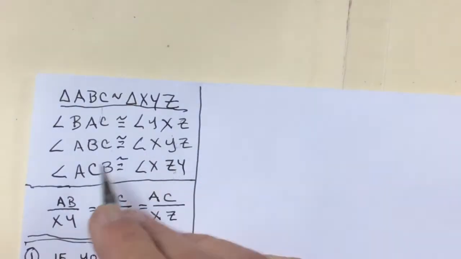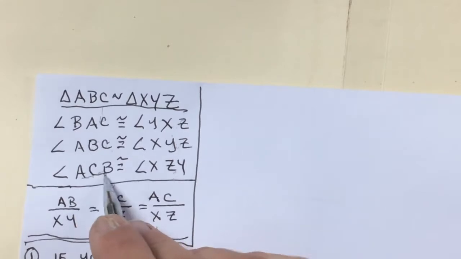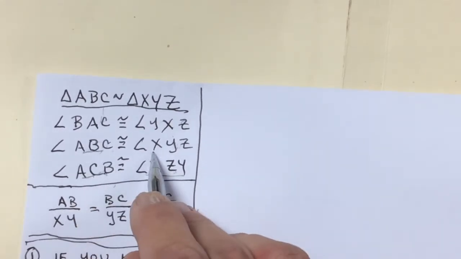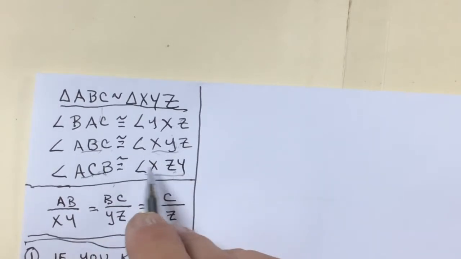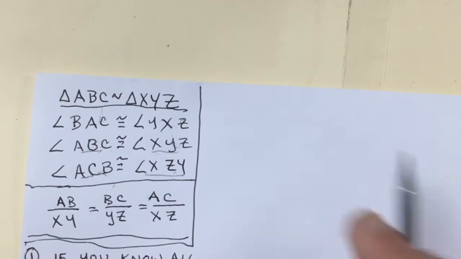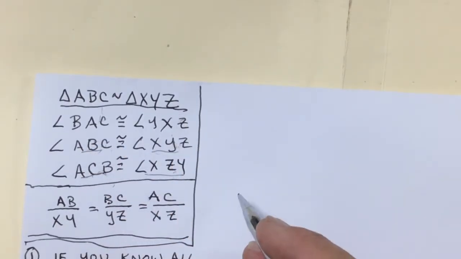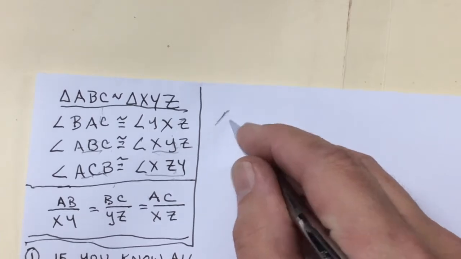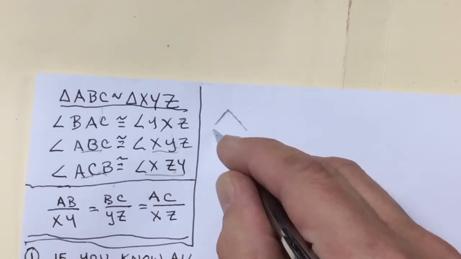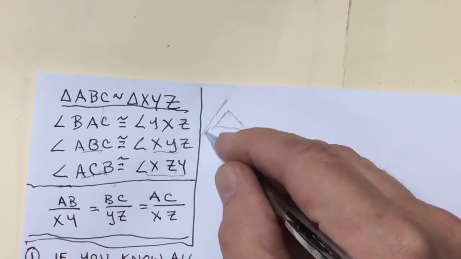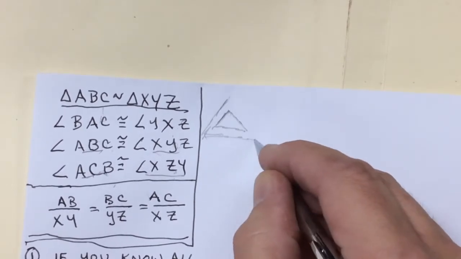So basically, if I can show that there are two pairs of corresponding angles that are congruent, then I know that all three of them are congruent. And remember, the informal definition of similarity is that the triangles are the same shape, but a different size.